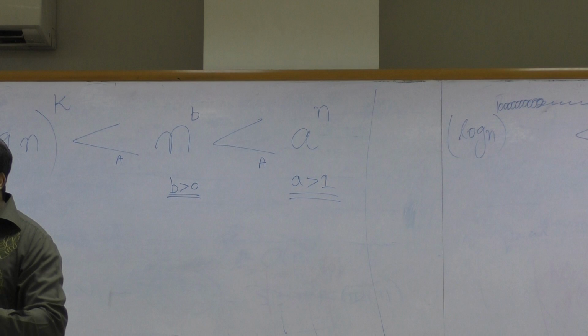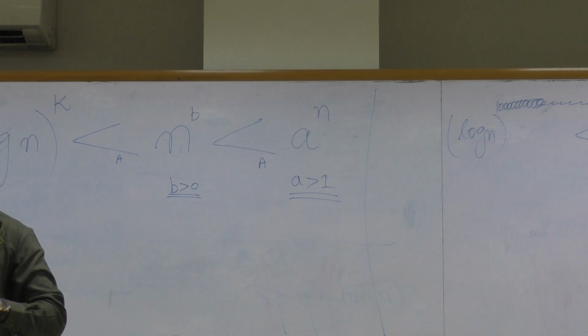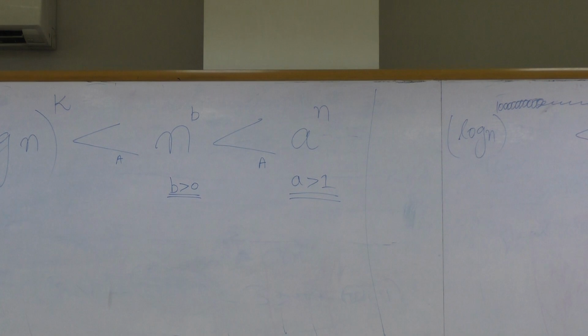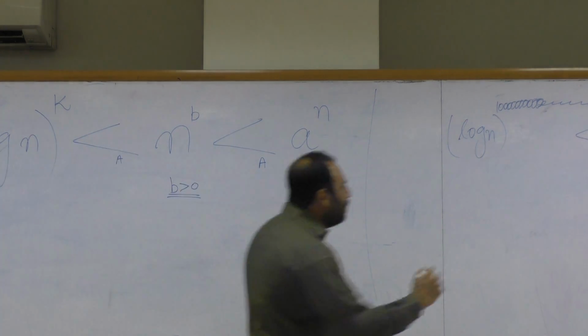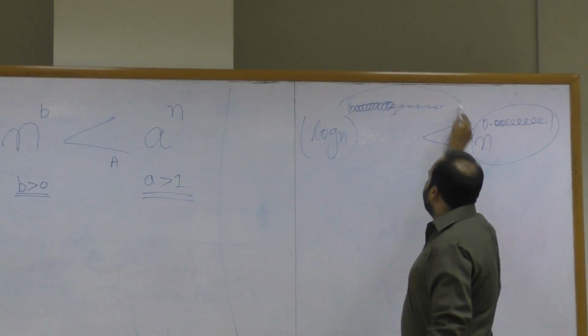See, n raised to the power 0.5 is smaller than n. Now think about n raised to the power 0.000 and so many zeros and then 1. This is very small, huh? This is very small. This is very big.